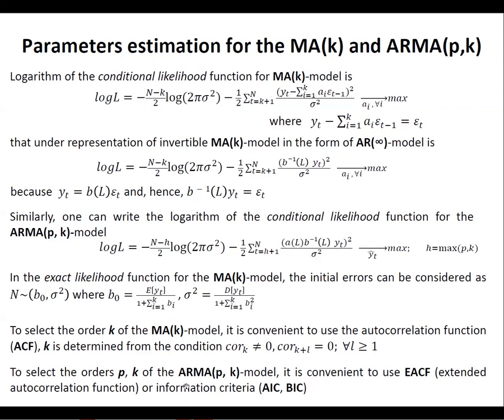With an ARMA model, PACF and ACF are not suitable for choosing the order of the P, K model, and there are approximate methods of choice here. My favorite is EACF, the extended autocorrelation function, and it is also possible to use AIC or BIC criteria. I like information criteria less because they often overfit the model.